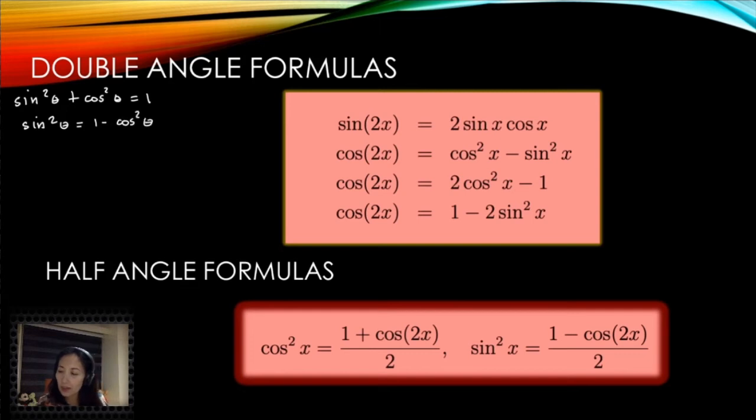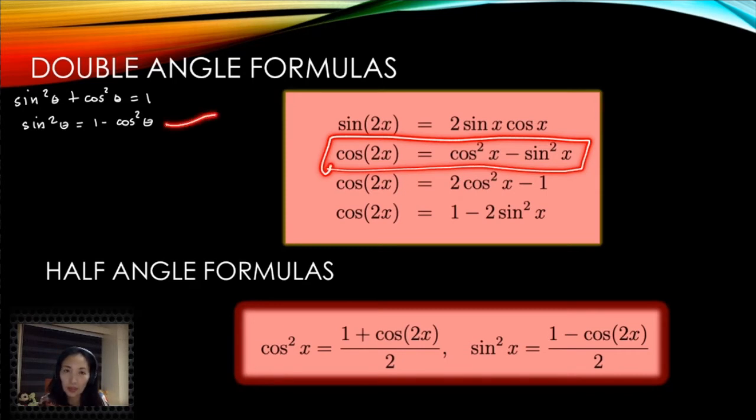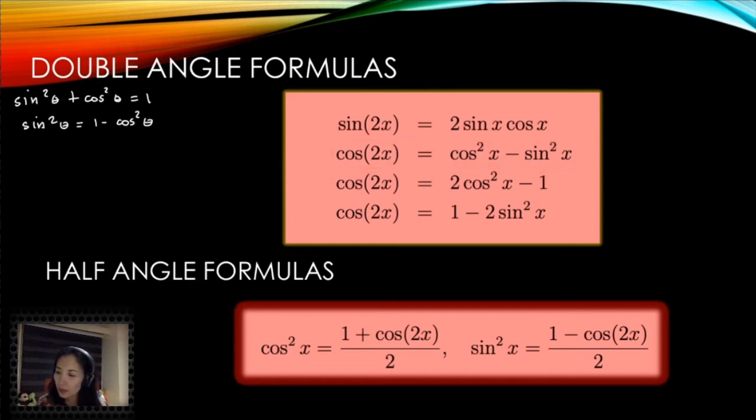Looking at the first, cosine 2x is equal to cosine squared x minus sine squared x. So I could replace sine squared x with 1 minus cosine squared x. So let's be consistent for a while.